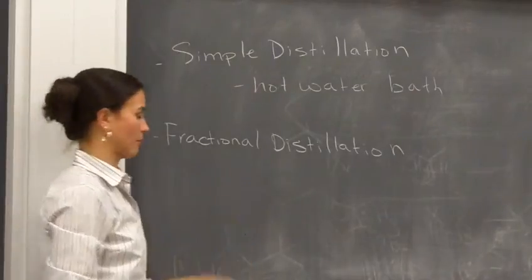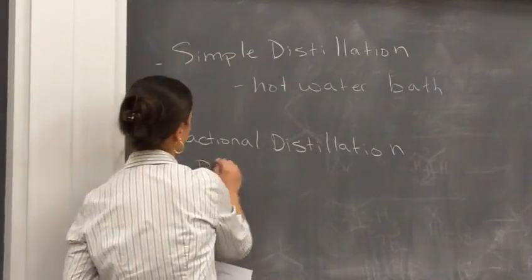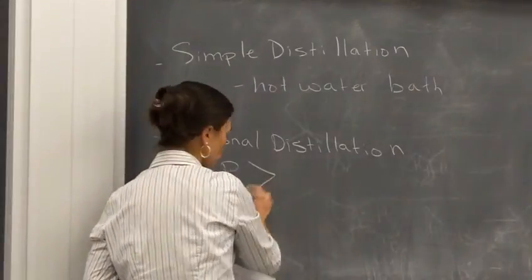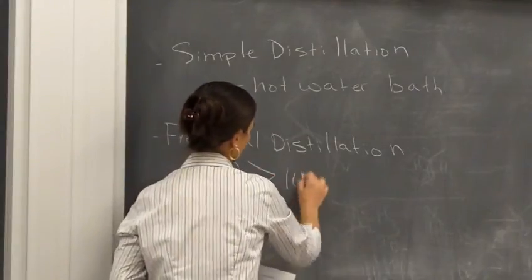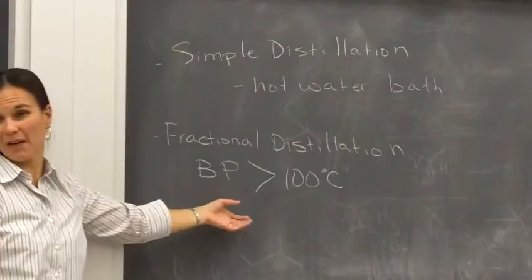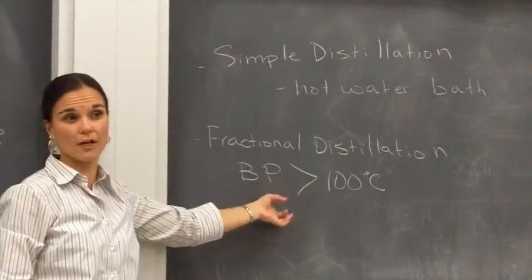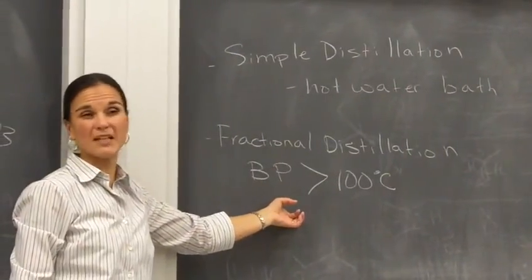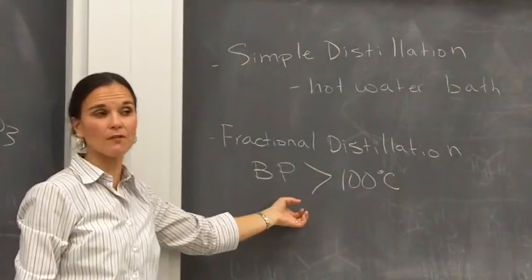Key with this guy is your boiling point of your alcohol is for sure greater than 100 degrees. If you have made the correct compound that was on your half sheet, it is greater than 100 degrees. So be careful when you're looking up the boiling point of your alcohol.